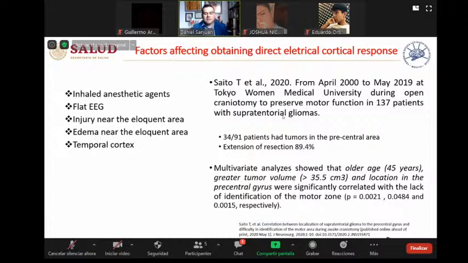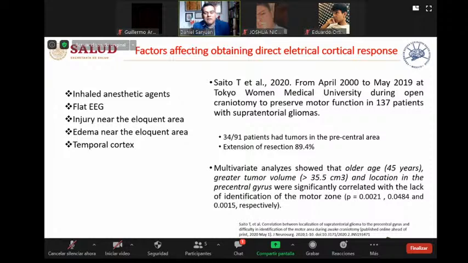So in this study from Saito, from Japan, in Tokyo Medical University, during open craniotomy to preserve the motor function in patients with supratentorial tumors, they got the extension of the resection using these techniques in almost all the patients.